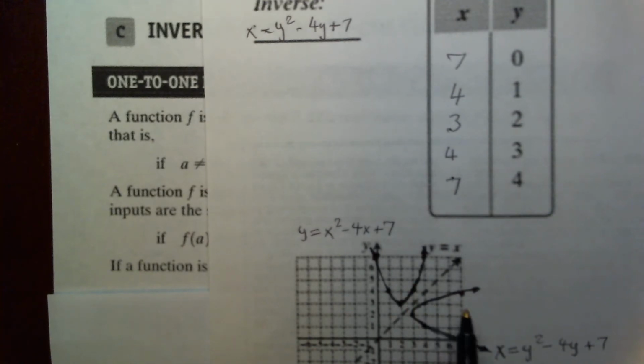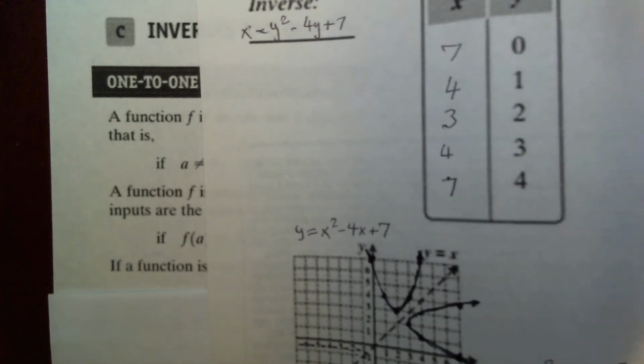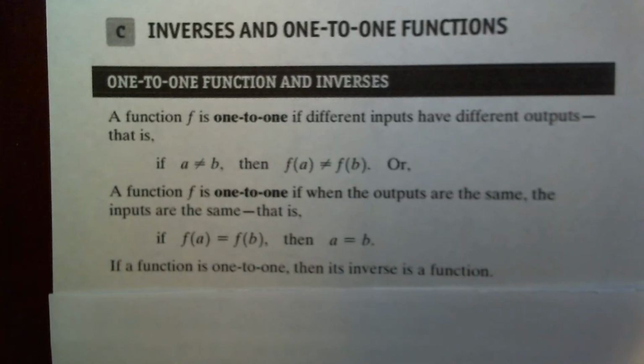But the inverse does not pass the vertical line test. So the inverse in this case is not a function. A vertical line can intersect the graph in more than one point. So here's an example where the inverse is not a function. So again, if a function is one-to-one, then its inverse is a function.